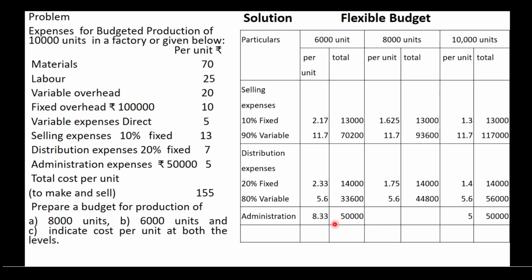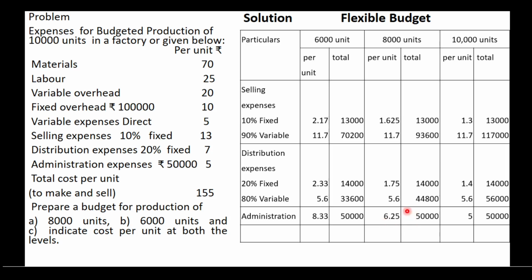So we calculate the cost per unit in the 6,000 unit as 50,000 divided by 6,000. The cost per unit is 8.33 rupees. So in the 8,000 unit, the total amount is the same, that is 50,000 rupees, and the cost per unit is calculated as 50,000 divided by 8,000.